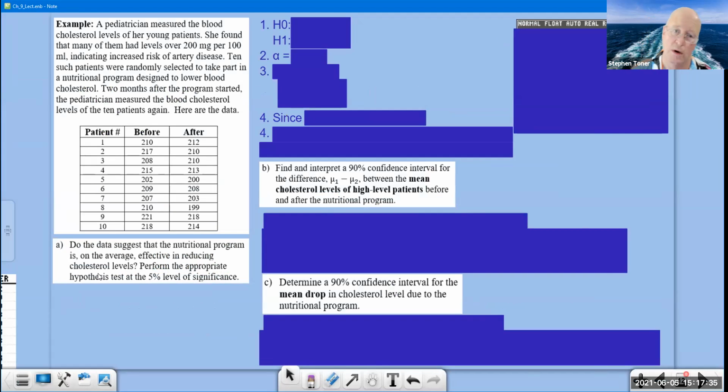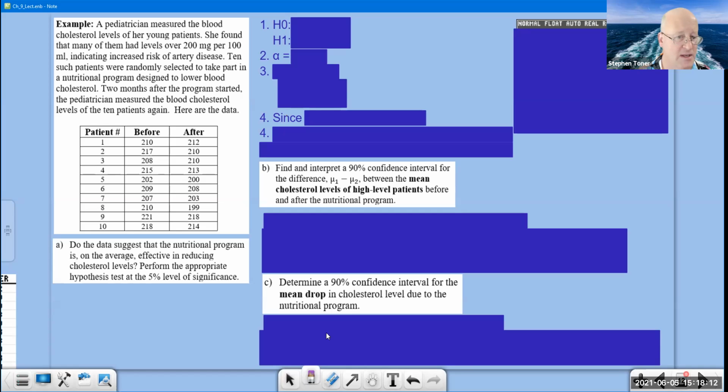Okay, let's go. One more example of a paired T problem. A pediatrician measured the blood cholesterol levels of her young patients. She found that many of them had levels over 200 milligrams per 100 milliliters, indicating an increased risk of artery disease. 10 such patients were randomly selected to take part in a nutritional program designed to lower their blood cholesterol. 2 months after the program started, the pediatrician measured the blood cholesterol levels of the 10 patients again, and here's the data.